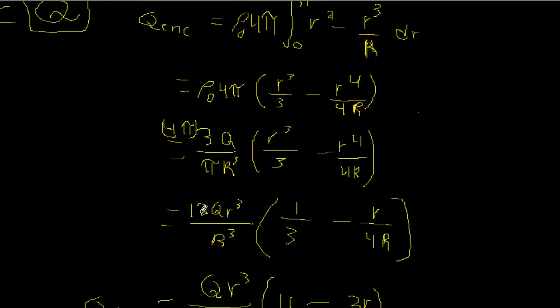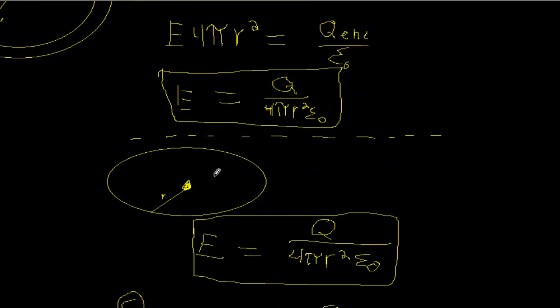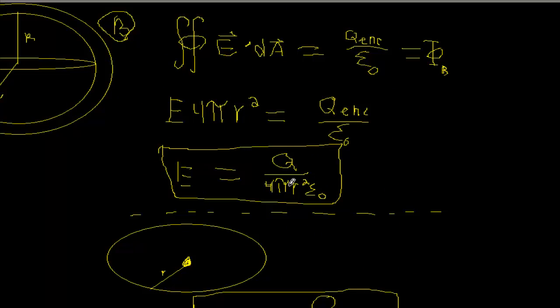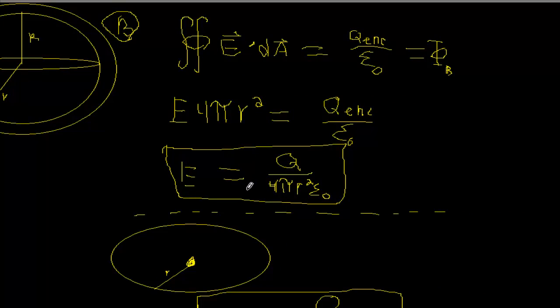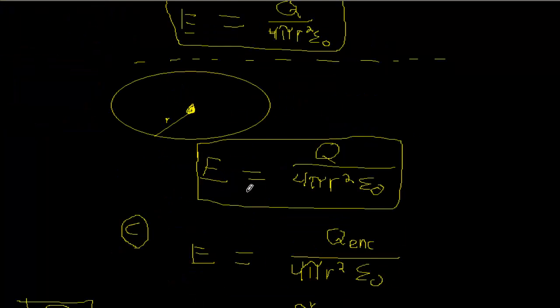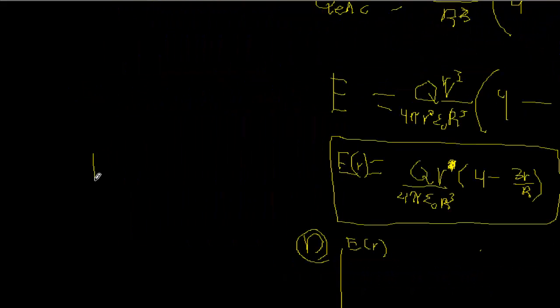That's the electric field of part B, because this electric field here told us the electric field for anywhere outside the sphere, that was given to us. So therefore, that's going to be E equal to Q divided by 4 pi r squared.